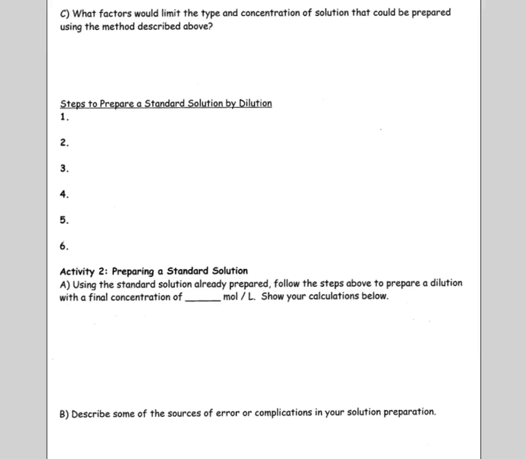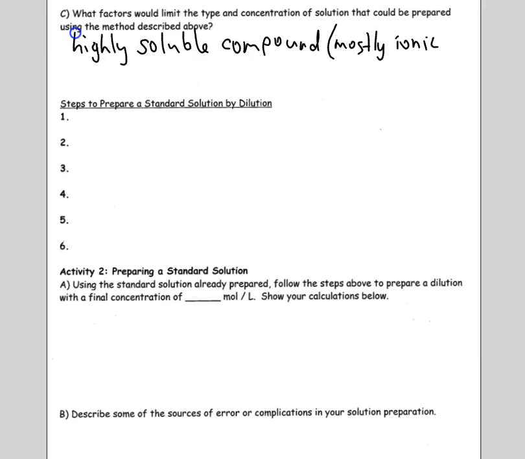I would say that the type of solution we want to consider here needs to be fairly soluble. So we need a highly soluble compound, which pretty much limits us to mostly ionic compounds or some acids, molecular acids, but mostly ionic in nature.